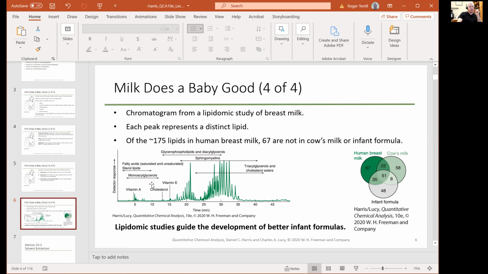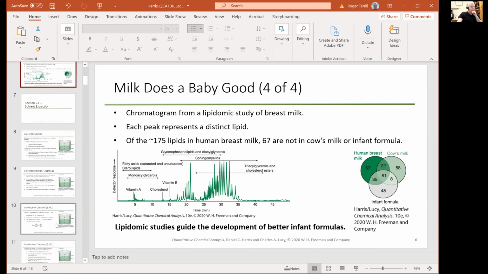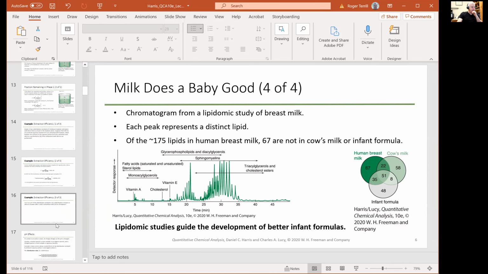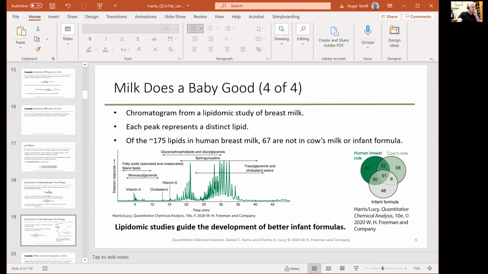Then at every time point, there's another separation along the mass to charge ratio of the currently eluting species. So it is a pretty cool and high resolution thing. Now we're going to skip over solvent extraction.